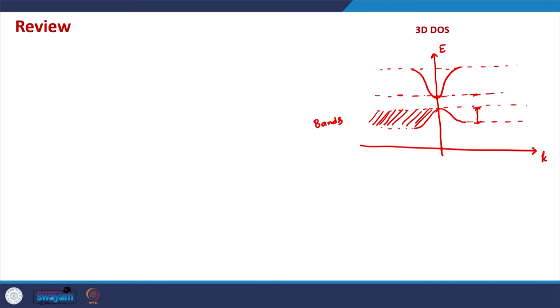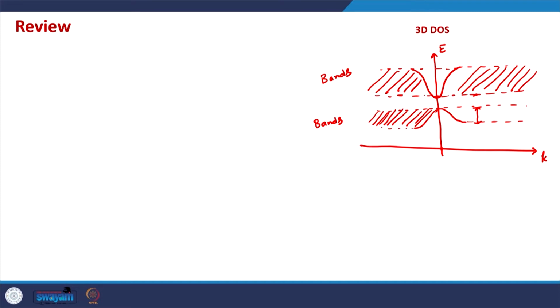Similarly, this is another electronic band where we have allowed E and K values, which means we have allowed electronic wave functions in these energy ranges.